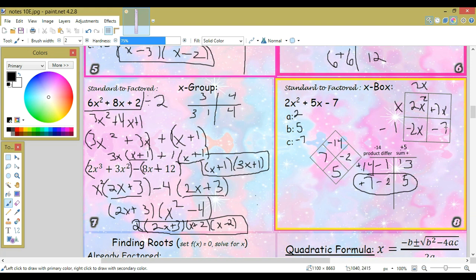And then for 7x and -7, that would be +7. So that would be our factored form. Parentheses 2x plus 7 and x minus 1. And that is our factored form. Oh yes, also on page 7, make sure you put a 2 on the front of your factors.